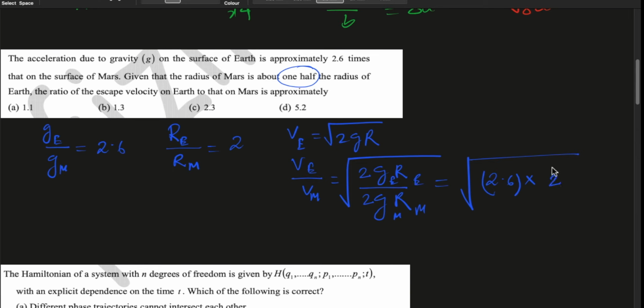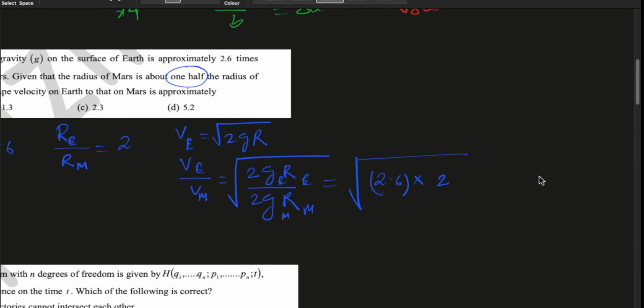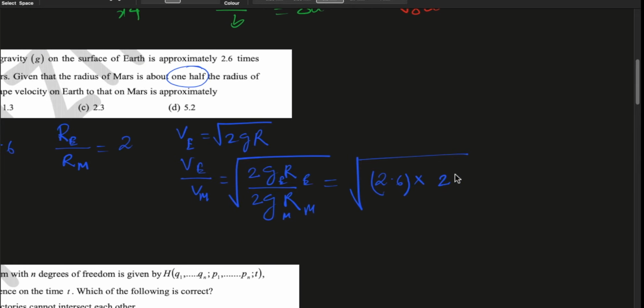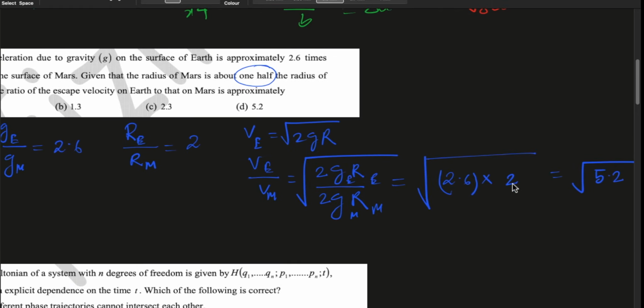So this will become 5.2, the square root of 5.2. What is the value of the square root of 5.2?